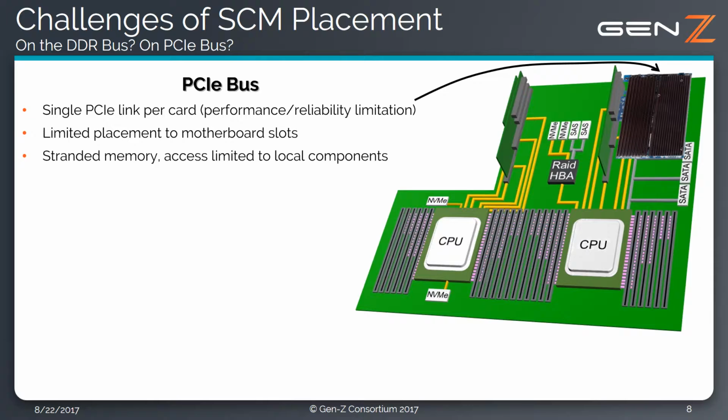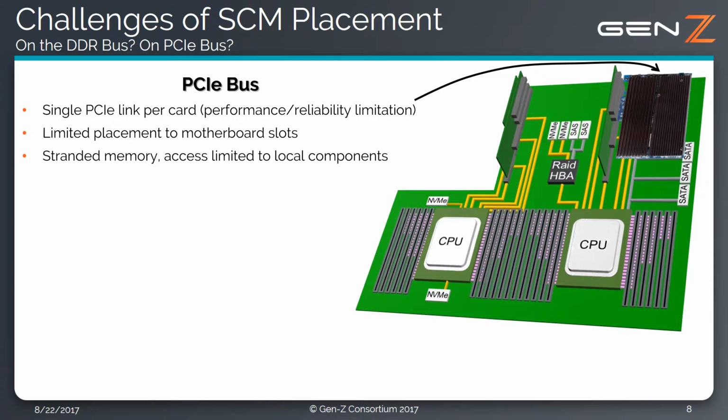It's an industry standard form factor, which is also positive. However, this option limits the locations where the storage class memory card can be placed due to strict PCI bus routing rules, and this limit will become much more challenging as PCI Gen 4 and Gen 5 are introduced. In addition, the PCI bus is not built for reliability, where multiple links or paths can be deployed to ensure memory connectivity.